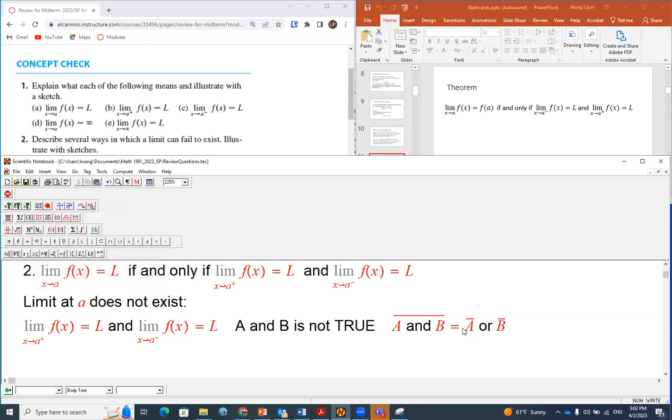Well, A or B, A is not true or B is not true. So have that logic clear.